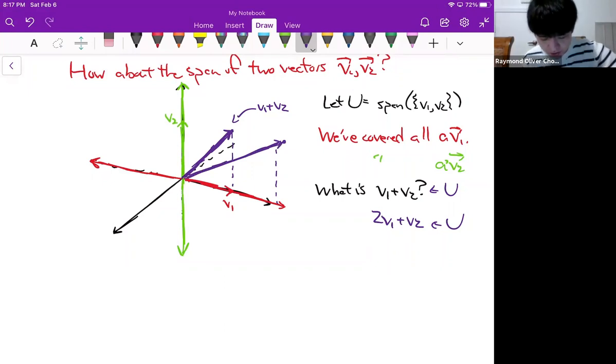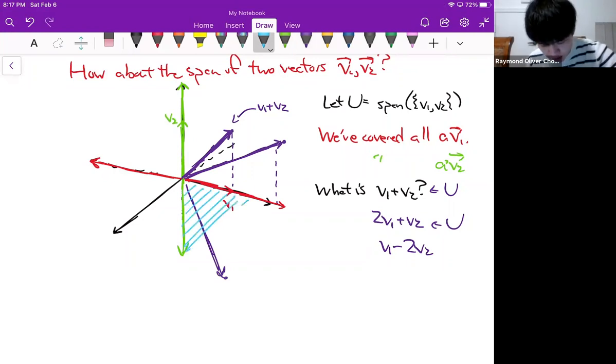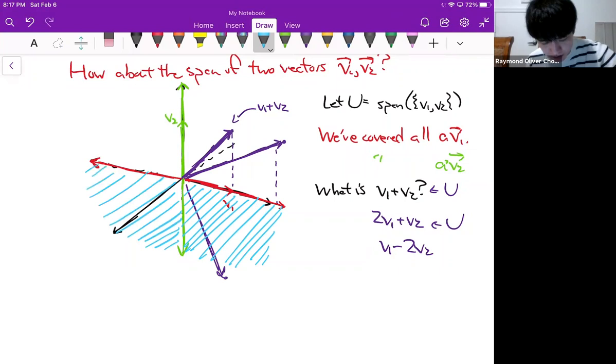And then, well, you can kind of guess what happens, right? But I want you to draw a couple more of these on your own. Here, I'll do a few more for you. So v1 minus 2v2 looks like this. But the key thing to note is that they all lie on this same plane. They all lie on this plane, right?